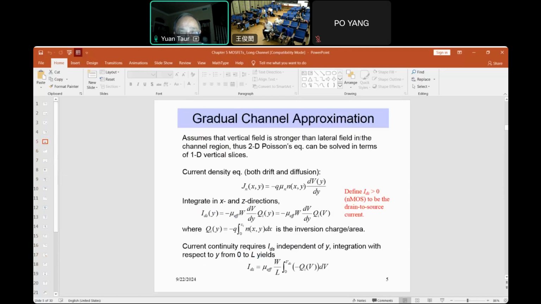But once you are at saturation, the lateral field has to be very large to sustain the current continuity, because the inversion charge density is very low, approaching 0. So once you are above saturation, the gradual channel approximation, GCA, is no longer valid. For saturation, you will need a so-called non-GCA model, that we'll describe later.